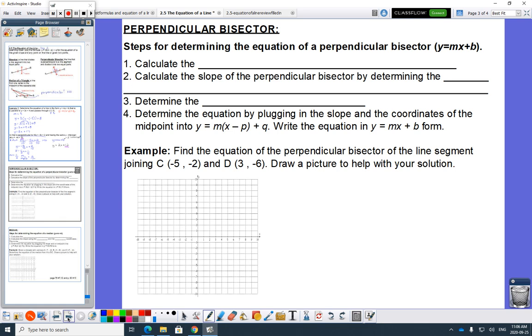So P and Q and M. So when you have the perpendicular bisector, you're going to calculate the slope of the line segment. Philip, write this down. You need this later.